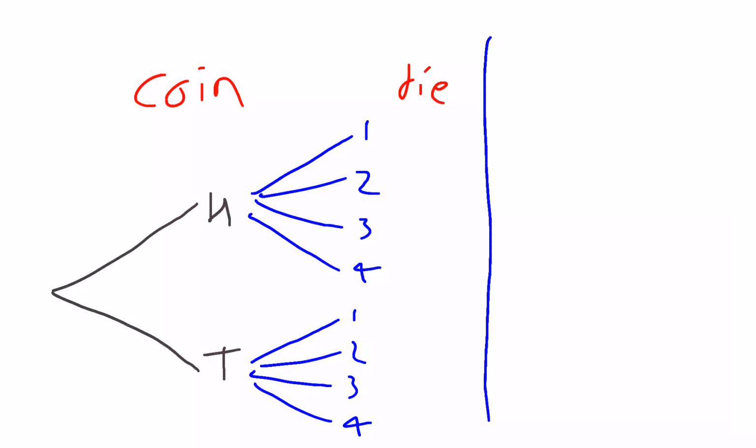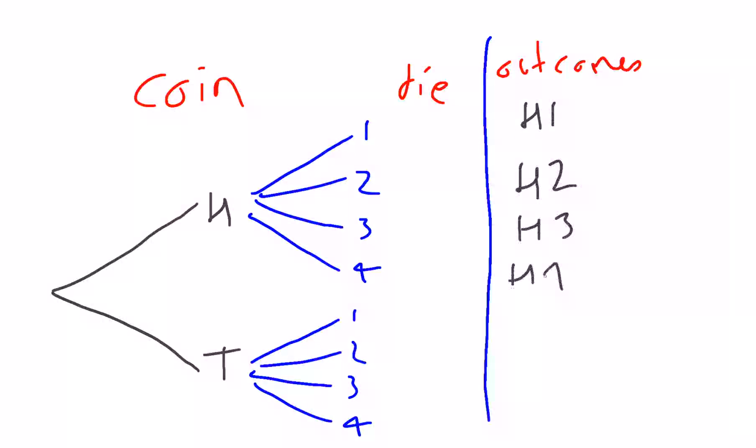If we follow each line along, we get the outcomes, and the list of possible outcomes is the sample space. So I could get heads on the coin, 1 on the die. I could get heads on the coin and 2, heads and 3, heads and 4.